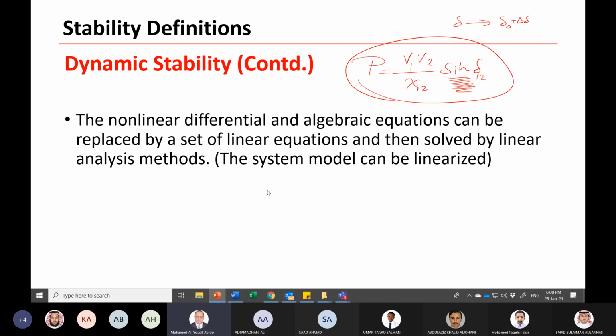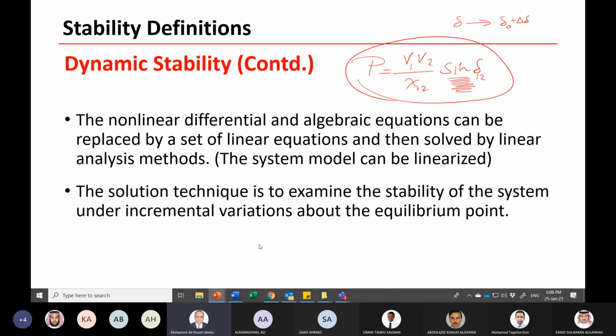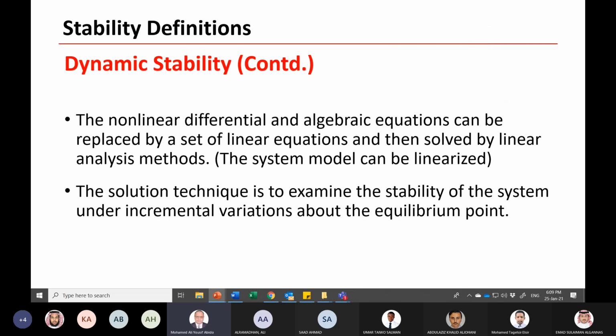So the solution technique is to examine the stability of the system under incremental variation about the equilibrium point. Here, delta becomes delta 0, this is the equilibrium point, the initial steady state point, plus this incremental change in delta. And you can check whether the system will be stable or not if we have a small change in this delta. So this is called dynamic stability.